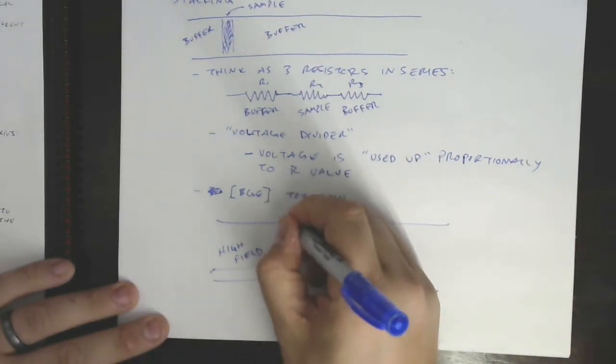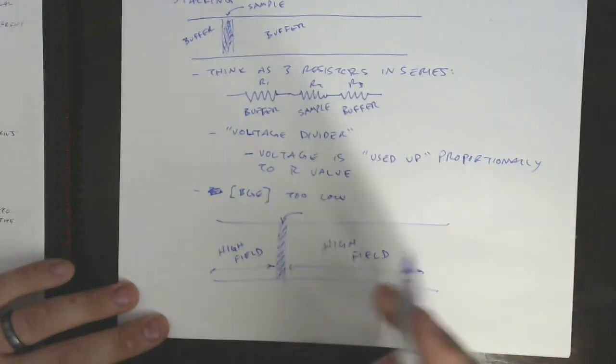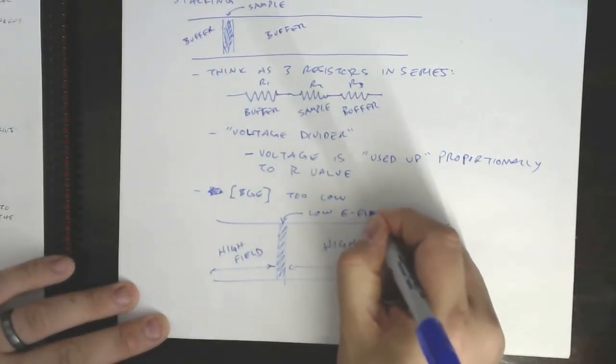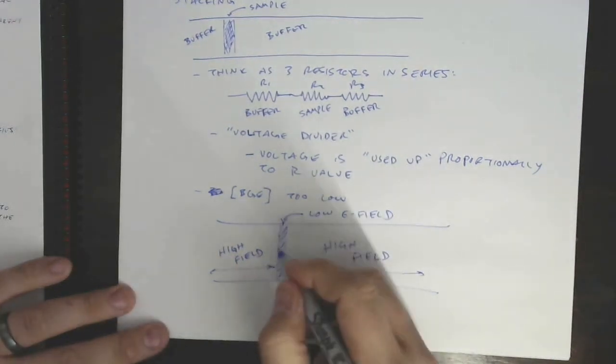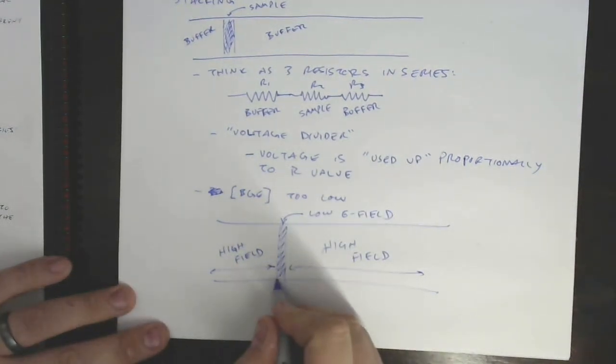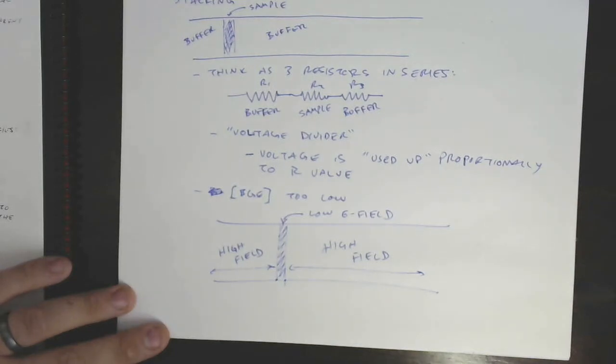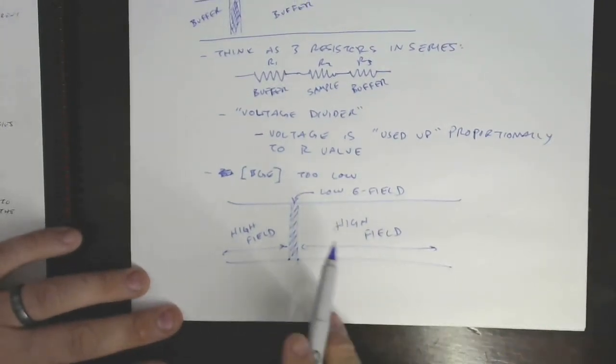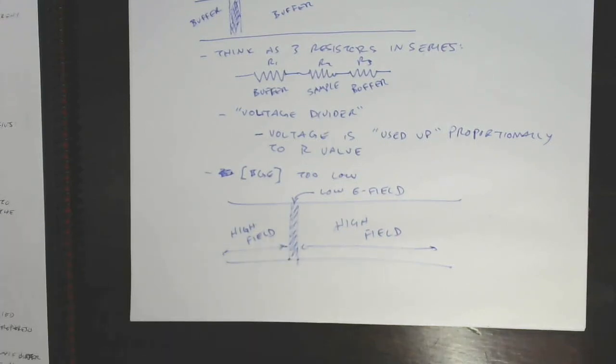And in this small region where the sample is, where the mixture is that we want to separate, we're going to get a low electric field because we're going to use very little voltage. The voltage difference between, if you want to think about it as between this point and this point, is very low. Okay, and if that voltage difference is very low, then the electric field in that region must also be very low.